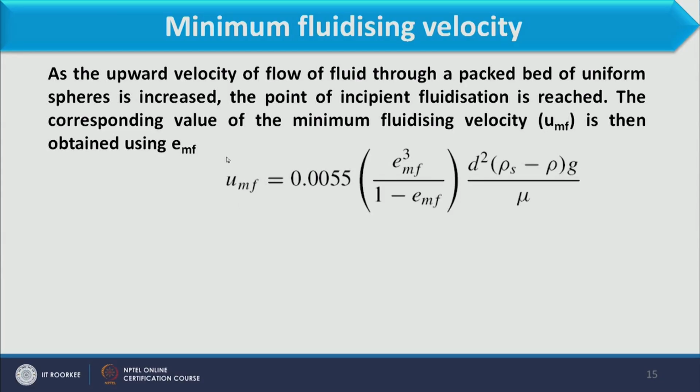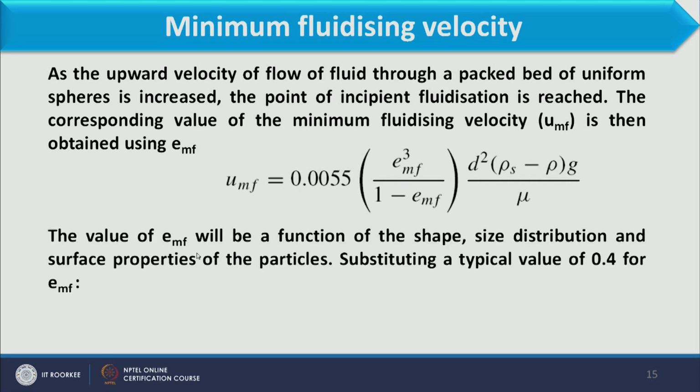Once we define the velocity for the minimum fluidization condition, that is UMF, the voidage obtained at the minimum fluidization condition also has to be considered, and that will be represented by EMF. So it is the same equation but with different terminology: UMF and EMF. The value of EMF will be a function of shape, size distribution and surface properties of the particle.